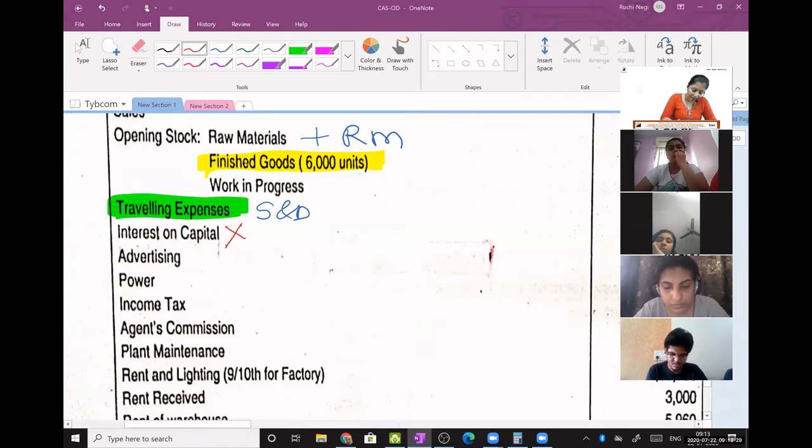Next, advertising is selling and distribution. Power obviously will be factory. Next, income tax, again a non-cost item, will not come in the cost sheet. Agents commission, where to put this?